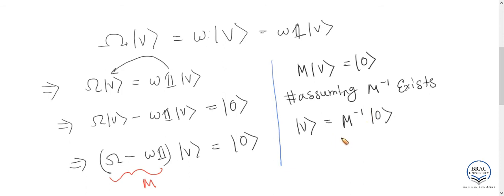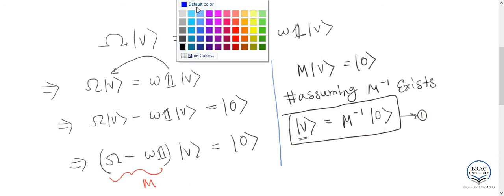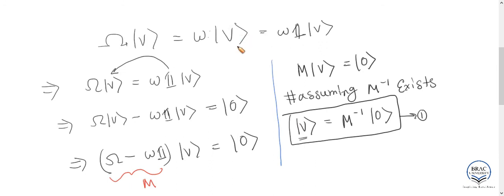Now the problem with this equation, let's call it equation 1, is that this vector v over here is a non-zero vector in general, and the matrix elements in this M inverse are also non-zero, but this is a 0 vector.